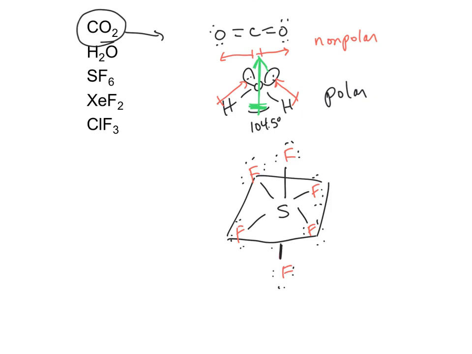All right, and so the question, this is an interesting question. Is it polar or non-polar? Fluorine is the most electronegative atom, and so the electrons are going in this direction. The individual dipole is pointing that way, but exactly 180 degrees opposite, you've got the same thing pointing in the opposite direction.